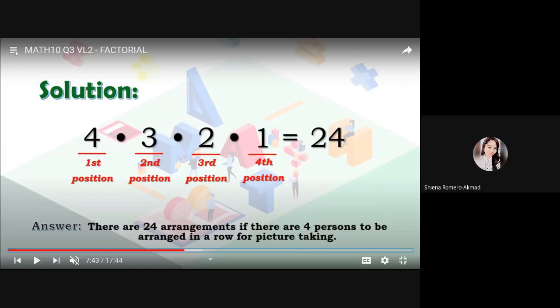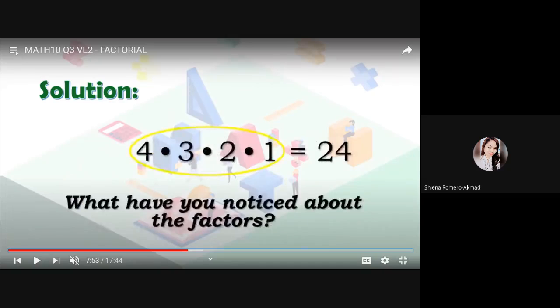And yung 4 times 3 times 2 times 1 natin dito, we can also rewrite it in a simpler way, and that is 4 factorial. So what does 4 factorial mean? That means 4 times 3 times 2 times 1.